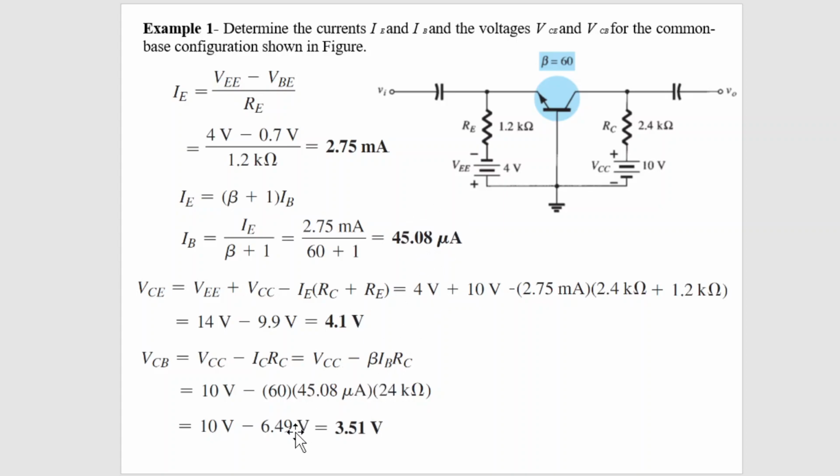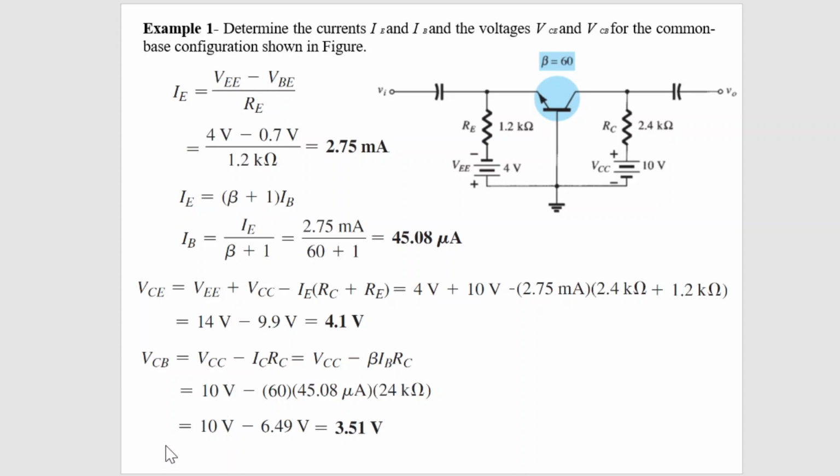Or even, because here we are calculating a precise value, we could have approximated that IE is equal to IC, and we can write this value also. If we write this value, it will give quite a similar result. Only a little difference will be there, but this is the more precise calculation.